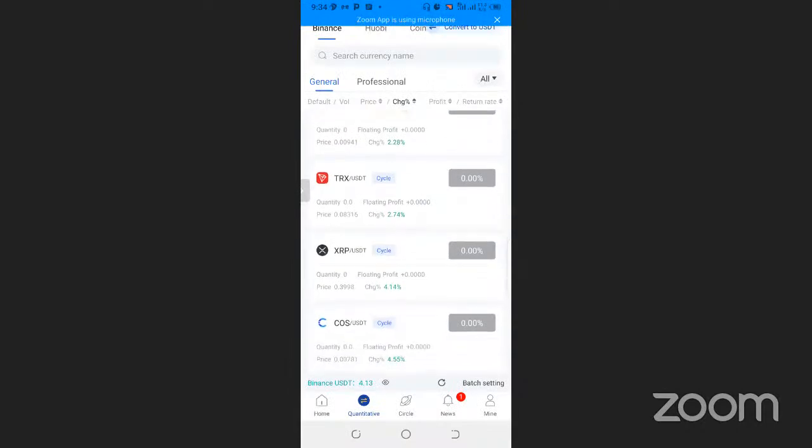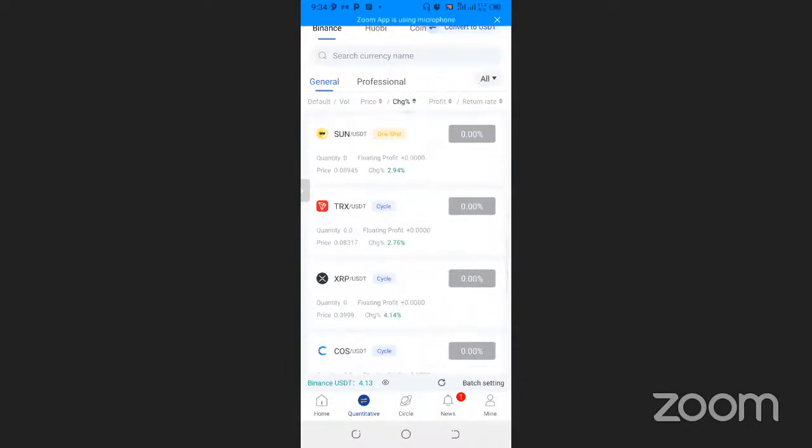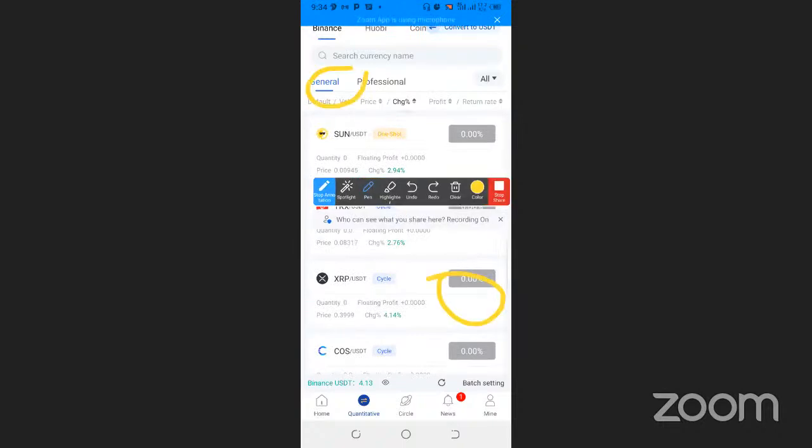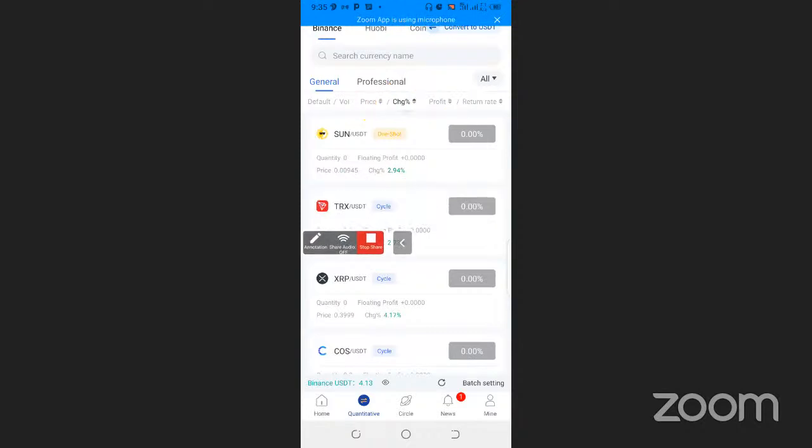When you click on quantitative, you will see all the coin Royal Q are trading. And always use this changing percentage. We have a price percentage. We have a profit percentage.